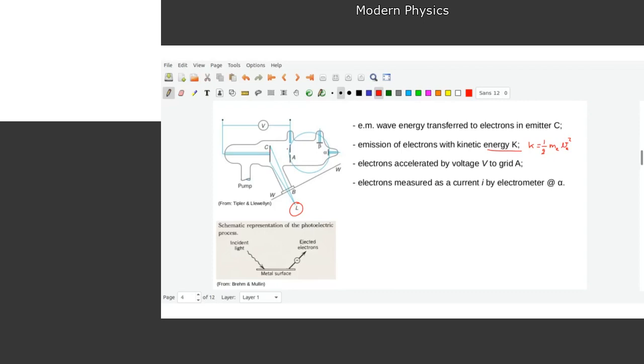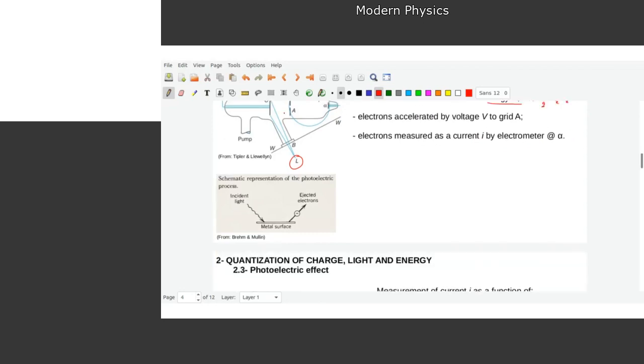As there is a voltage between the two electrodes, the electrons are accelerated in the large sense, meaning this acceleration can be positive or negative. So it's accelerated by the voltage V to the grid A. And as I said, the electrons are measured as a current, which I will call I, by an electrometer connected here. So this is a schematic representation of the effect.